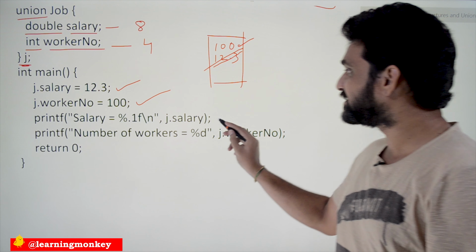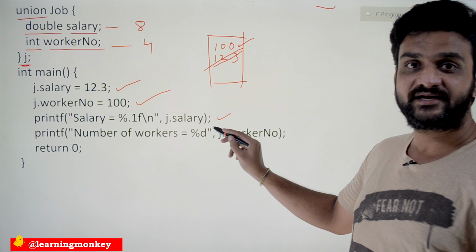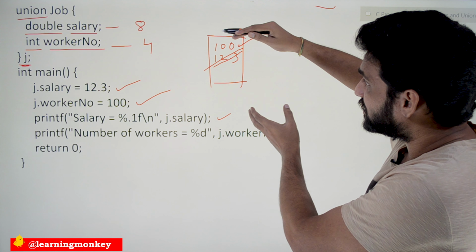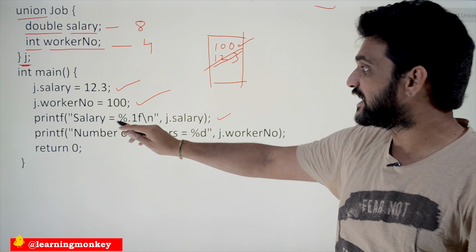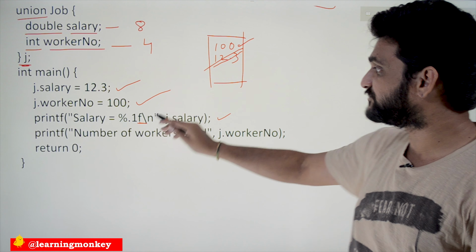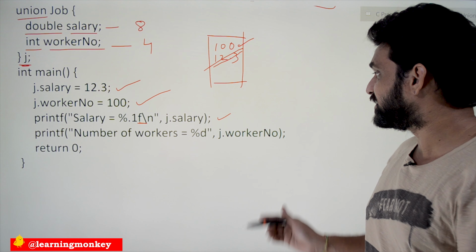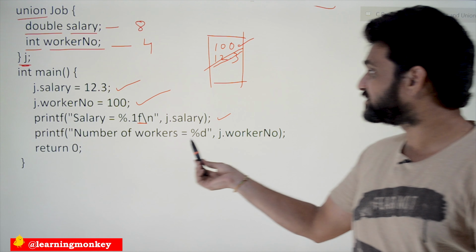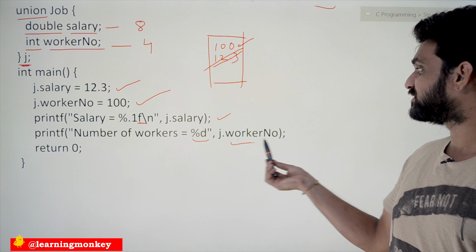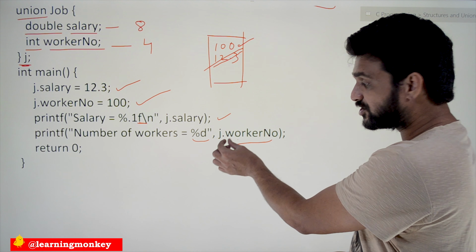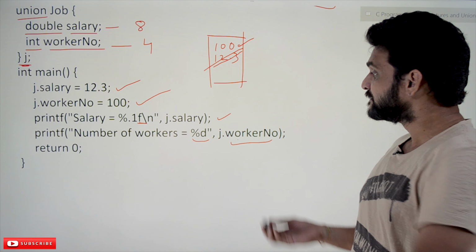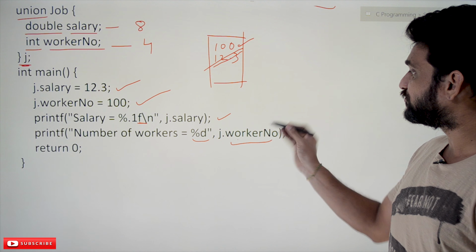If you print salary, some random value will get printed, based upon the bit values of 100. Next, print the number of workers with percentage d, j dot worker number. The dot operator is the same as with structures. What will get printed?